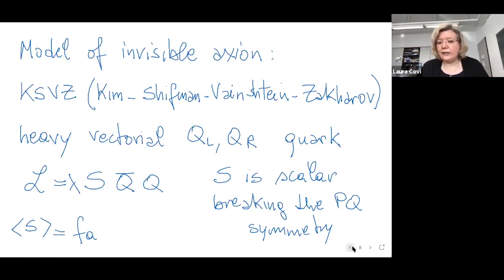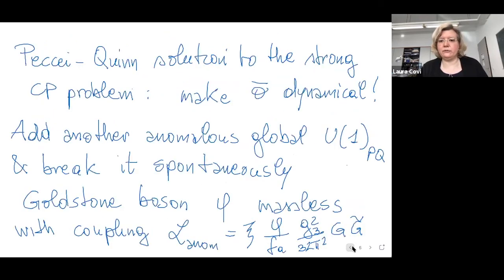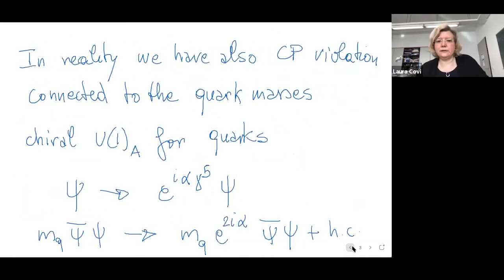This is connected to the fact that, with the symmetry I was mentioning before, you could take an axial transformation with the axion field. Then of course it will not be a global symmetry transformation anymore because the axion is space-time dependent, so this will show up every time you have a derivative.